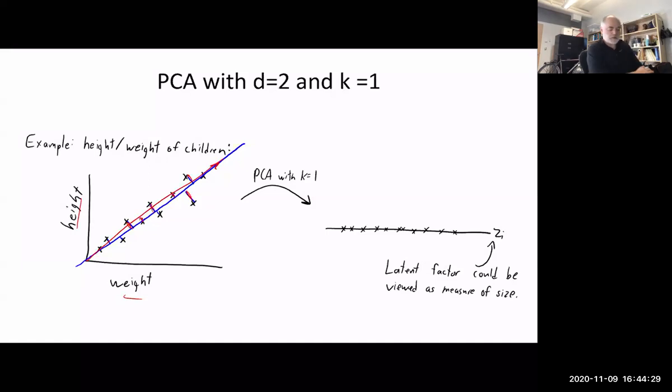And then the interpretation of the latent factor would be some measure of size, some linear combination of height and weight, which is like a generalized size in some sense.